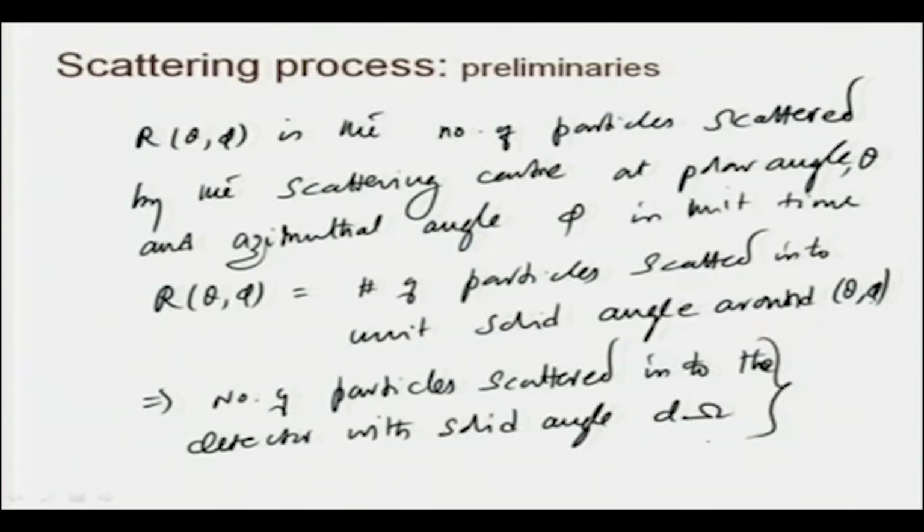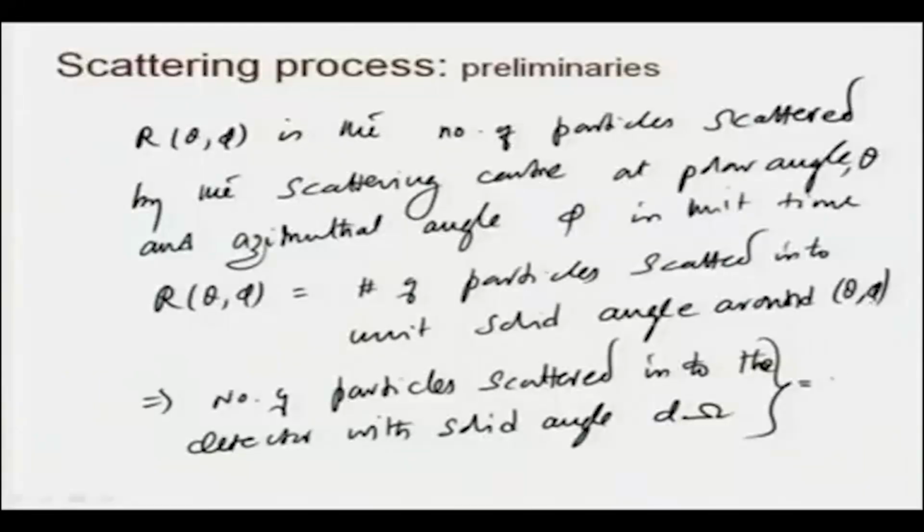What I mean here is that the detector, when it is placed there, has some area of cross section, and you divide that area by r square, the square of the distance of the detector from the scattering potential. That is going to be R(theta, phi), which is basically the number of particles scattered into unit solid angle, right.